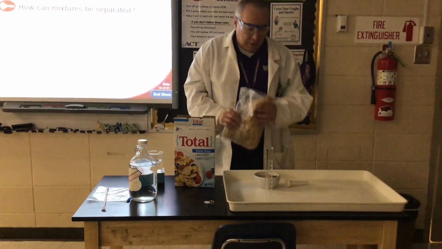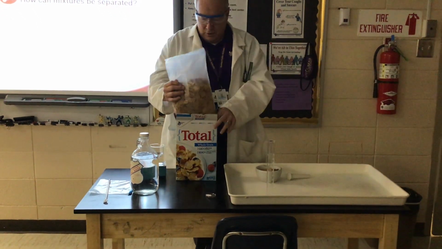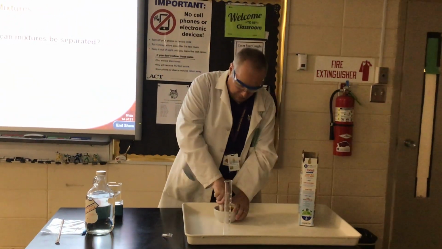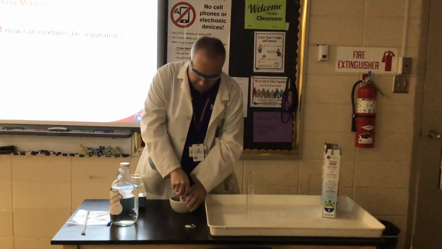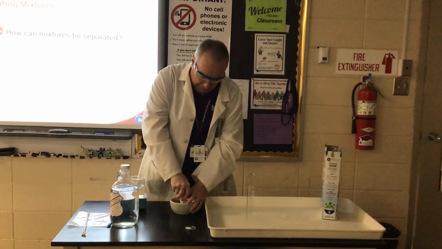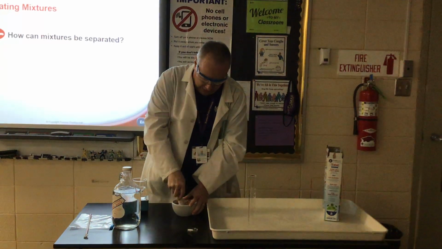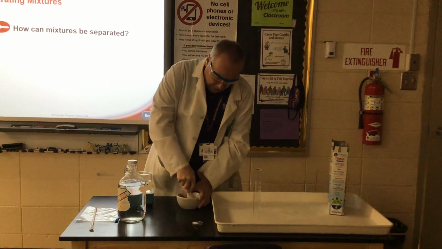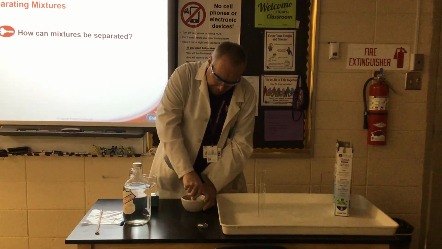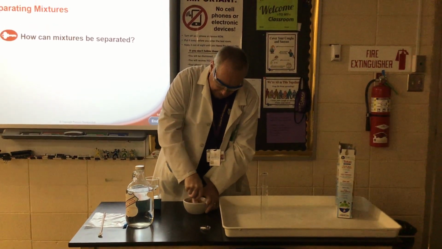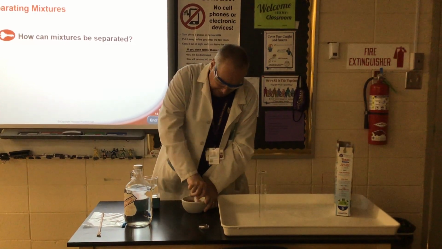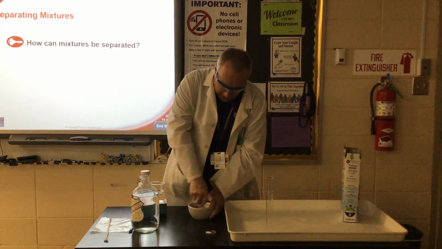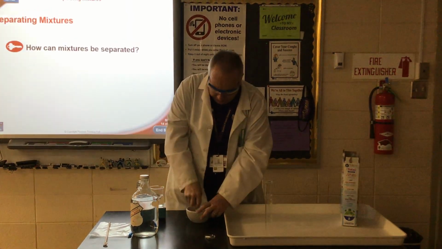But I'm going to take some of this and do my best to grind it up and make a uniform and finely ground sample of my Total cereal, and grind those flakes up.